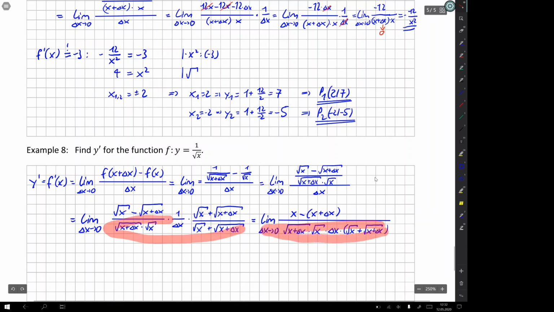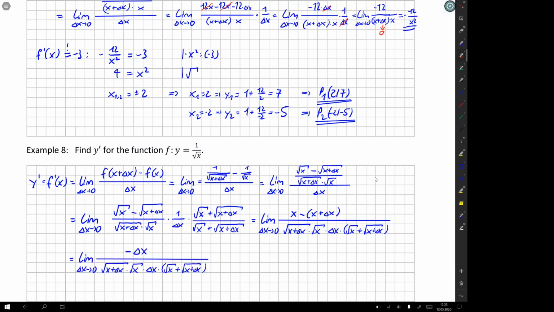Now we see this simplifies, the x cancels out, so what will remain is minus delta x. And we can now factor out the delta x and cancel out the delta x here. So what remains is minus 1. And what happens, the delta x here goes to 0. This delta x goes as well to 0.